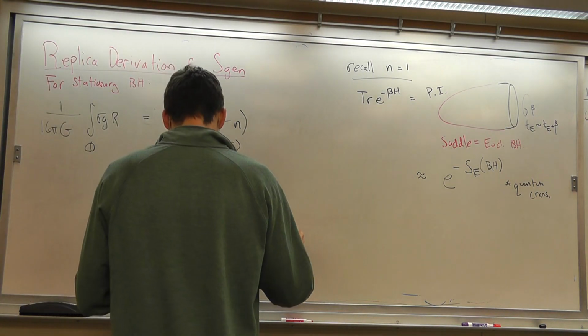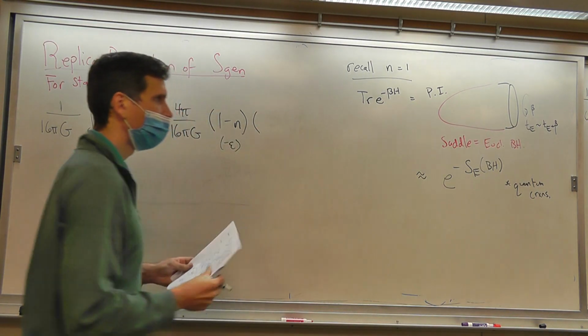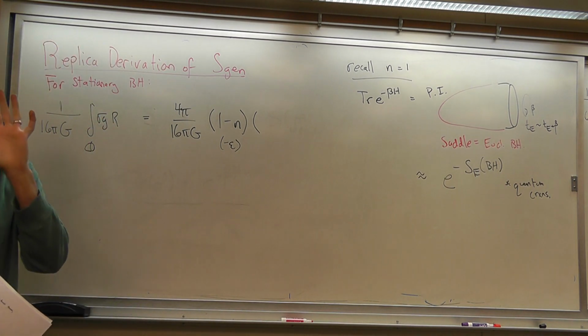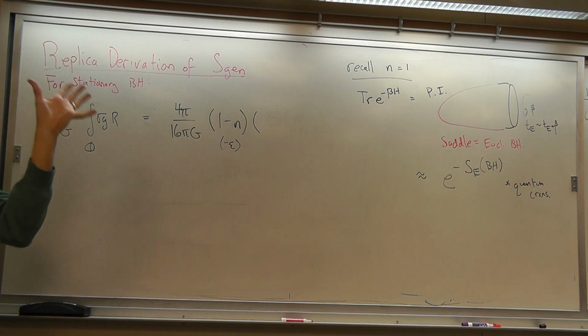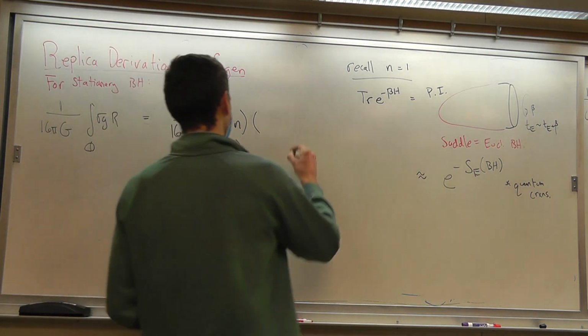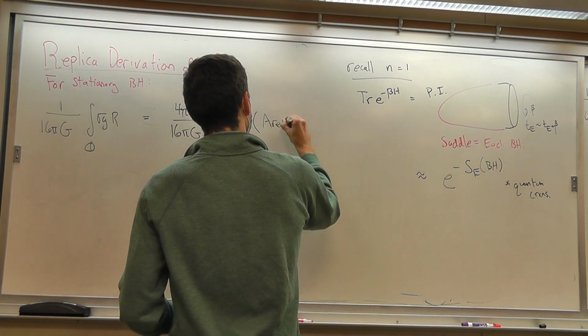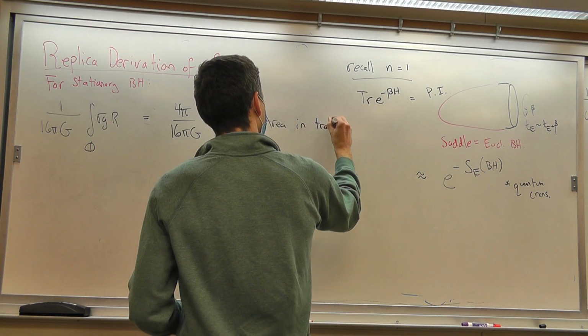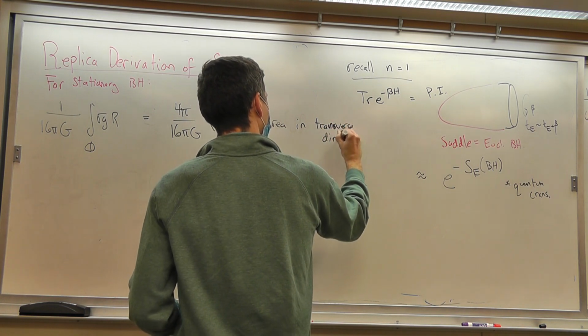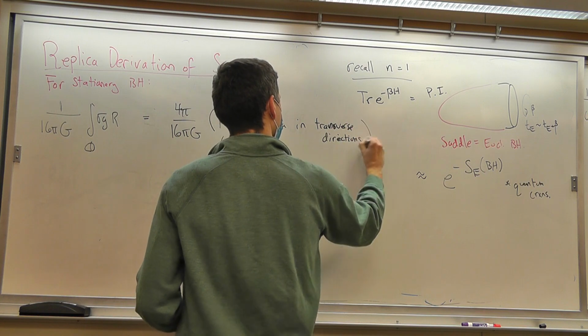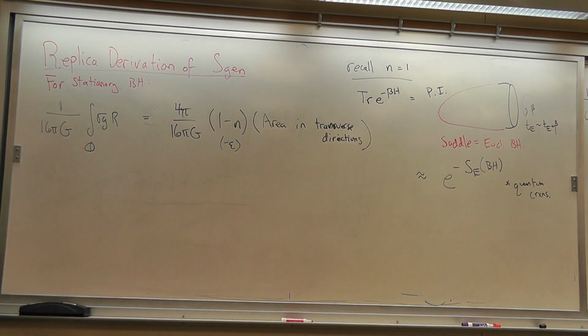So that's order epsilon. Now, in all these calculations, I've suppressed a bunch of extra directions. I'm only drawing 2 dimensions, but we're in d dimensions. So it's times area in the transverse directions. I'm going to explain how this calculation is done in a second, but let's come back to your question.